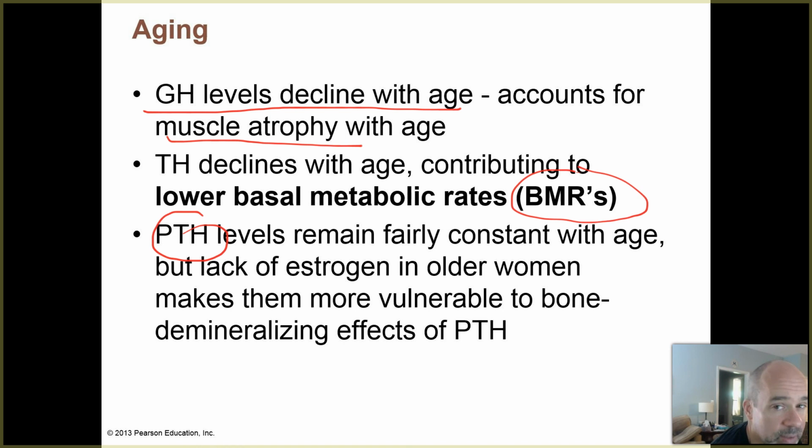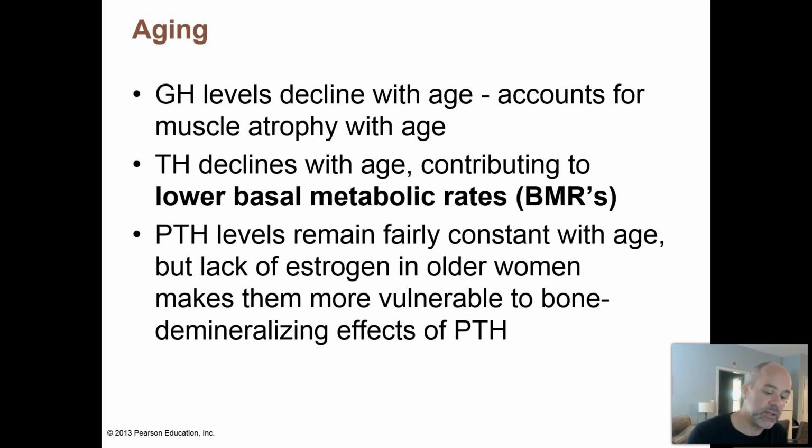So estrogen in women is supposed to dial down the osteoclasts so that they don't respond quite as strongly to PTH. In women after menopause, their ovaries aren't really producing estrogen anymore, so those osteoclasts are no longer kept under control, and they respond really strongly to the PTH, and they just harvest more and more calcium out of the bones, and that can lead to demineralizing effects, and if they get severe enough, that's when you develop osteoporosis.